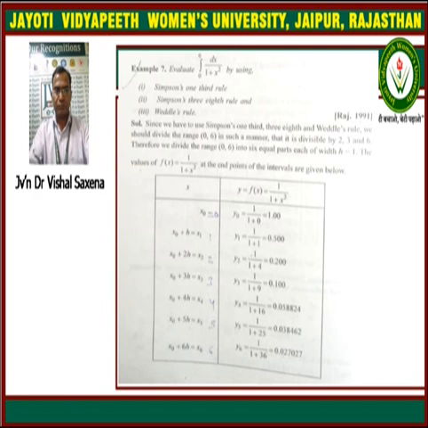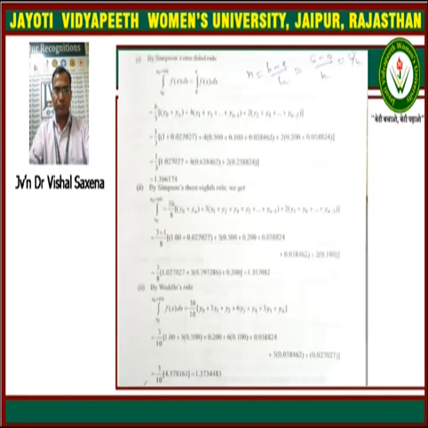Corresponding to these values x0, x1, x2, x3, x4, x5, x6, we can find the values of the function y: y0, y1, y2, y3, y4, y5 and y6. We have different formulas for Simpson's 1/3, Simpson's 3/8 and Weddle's rule. Then we just have to put the values of y0 through y6 in these formulas.